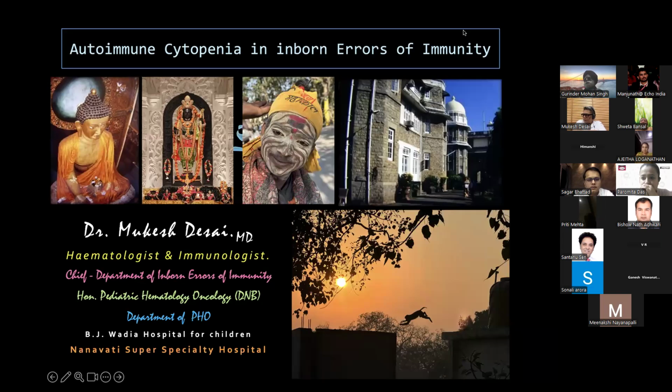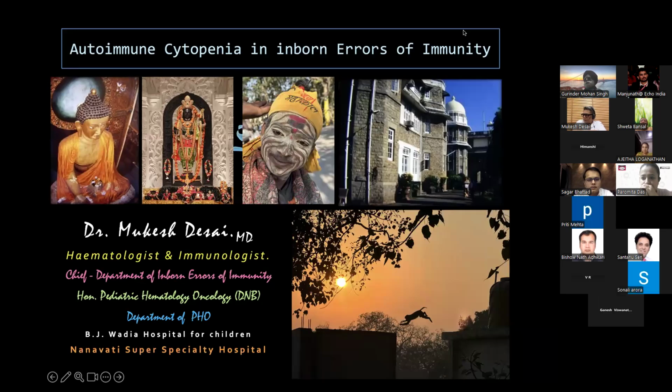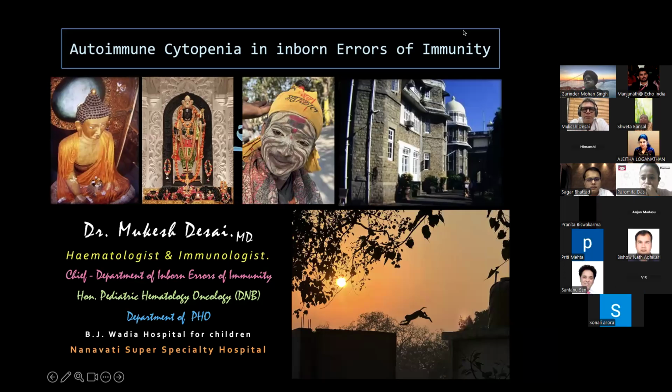Good evening, everyone. On behalf of the Pediatric Oncology Chapter, it is my pleasure to welcome all of you today for the national webinar focusing on an important and increasingly recognized intersection in pediatric hematology, that is autoimmune hemolytic anemia and inborn errors of immunity.